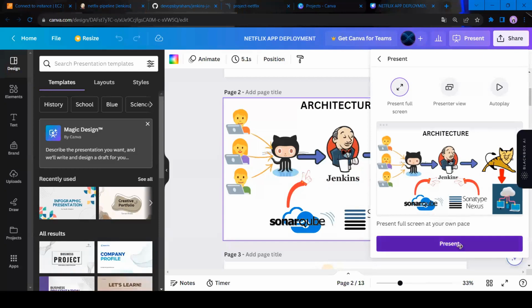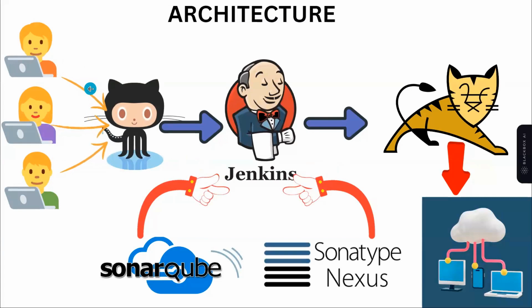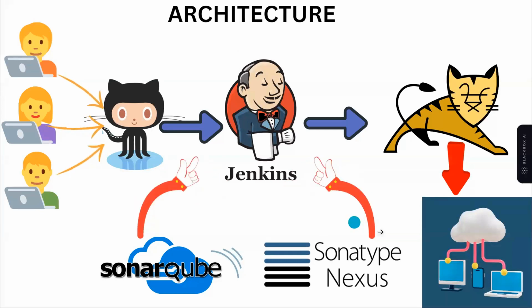Initially, developers are going to write the source code to where, sir? To GitHub. From GitHub, we are taking code to Jenkins. In Jenkins, we build the application, test the application, and create the var file. And are we generating code quality with the help of SonarQube? After all this, the artifact you are going to store on Nexus, but you can store on AWS as well. I'll tell how to store the artifact on AWS.